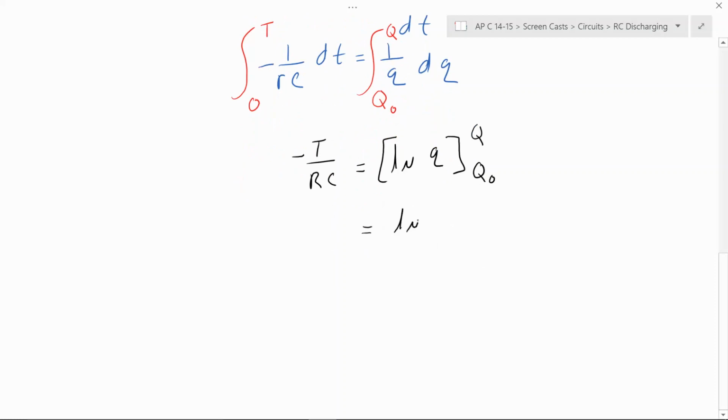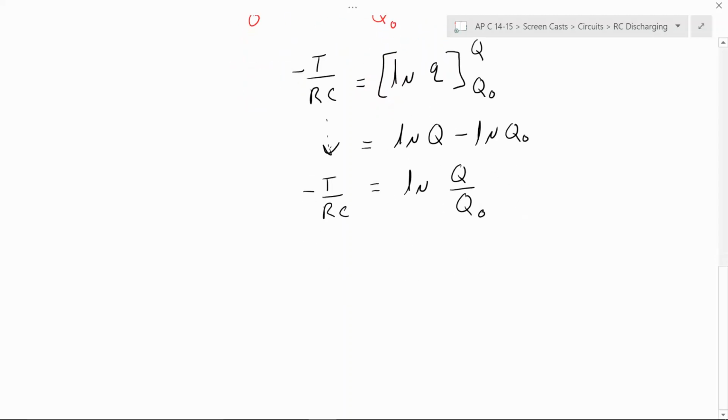So that winds up being the ln of q minus the ln of q naught, which, using your log rules, is the same as ln of q over q naught. And on the left side, I should have followed through, minus t over RC. Same.